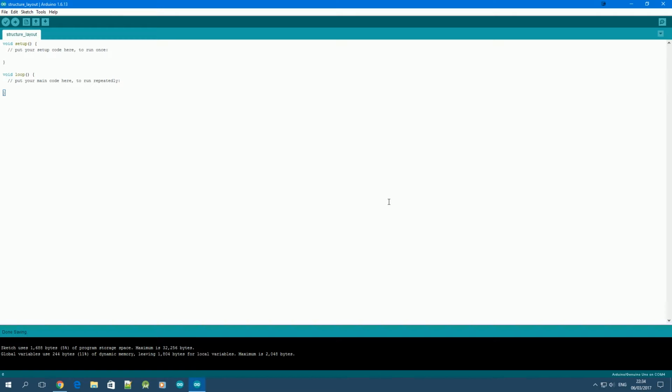Let's have a look at how this works. I've got the Arduino IDE open, and for the purposes of this tutorial, I'm going to display our answers or output from our code on the serial monitor. Right, let's try a simple arithmetic expression. 3 plus 9. We all know what the answer for that is, hopefully.